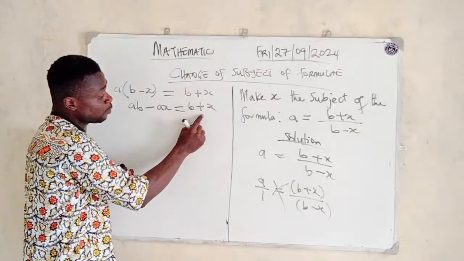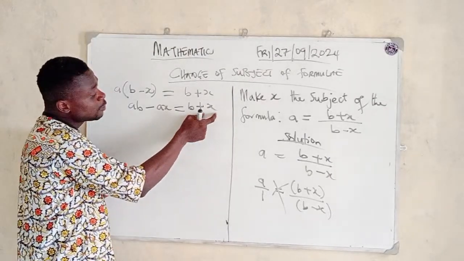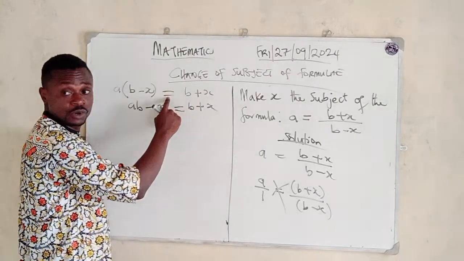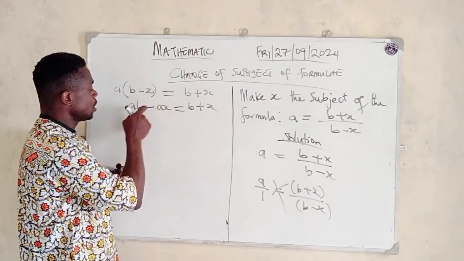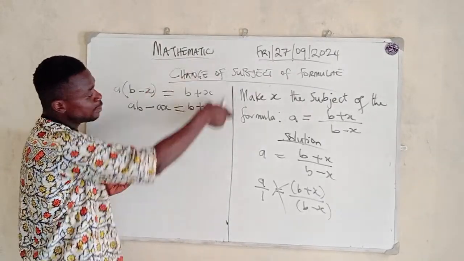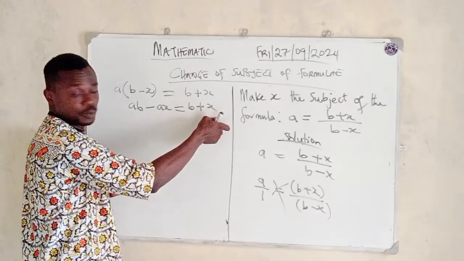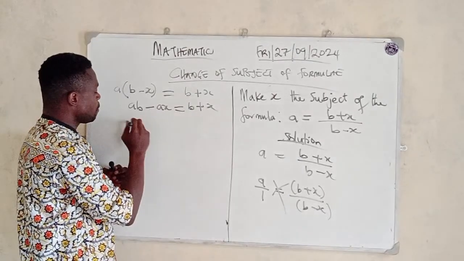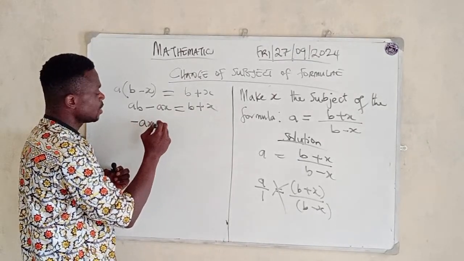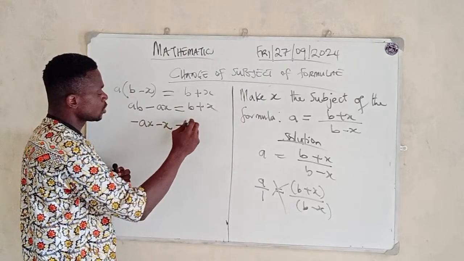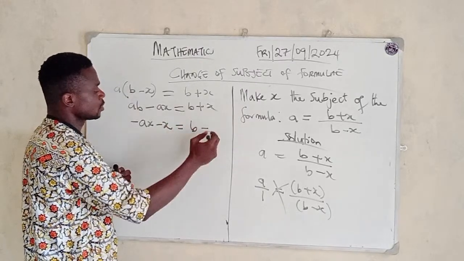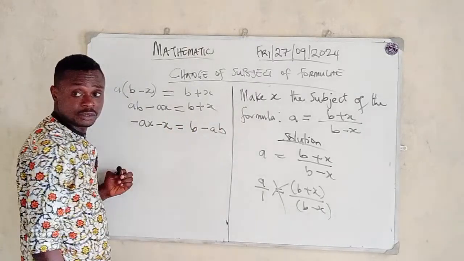Plus, this is plus X. If this plus X comes here, it becomes minus. And if this A is moved this side, it becomes plus. So we have minus AX minus X is equal to B minus AB.